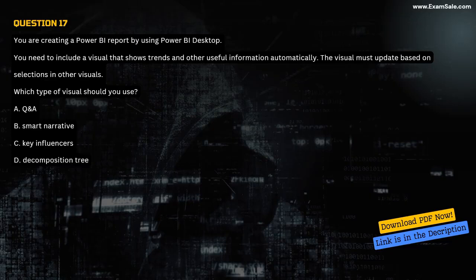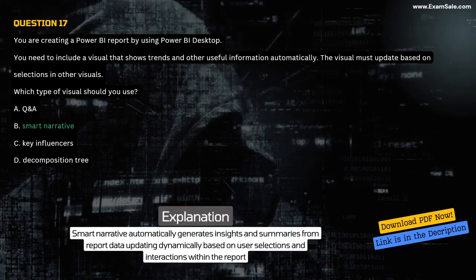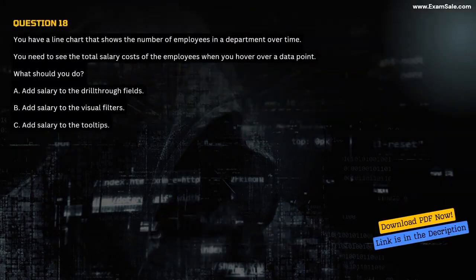D. Decomposition tree. Correct answer B. Smart narrative. Explanation. Smart narrative automatically generates insights and summaries from report data, updating dynamically based on user selections and interactions within the report.